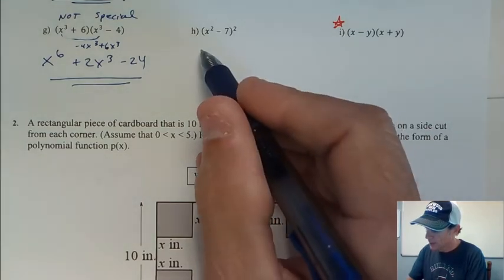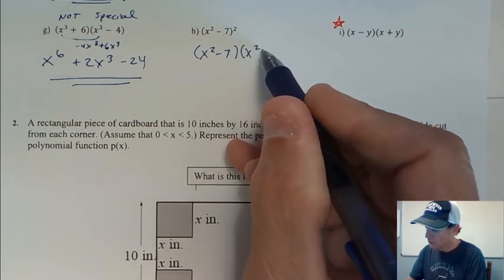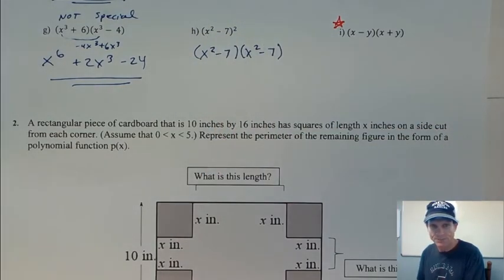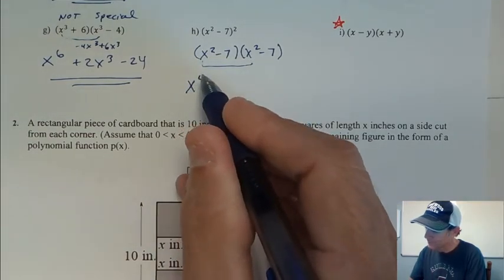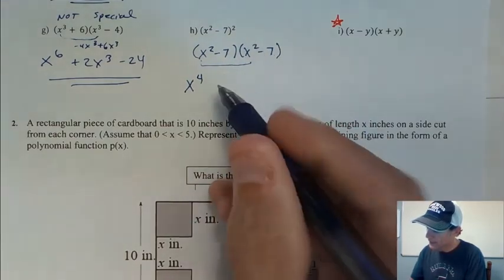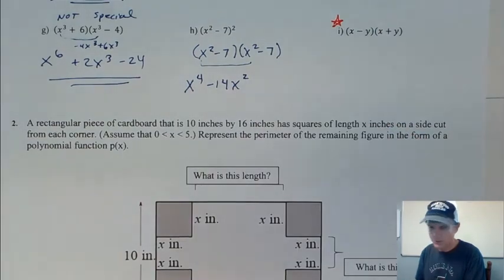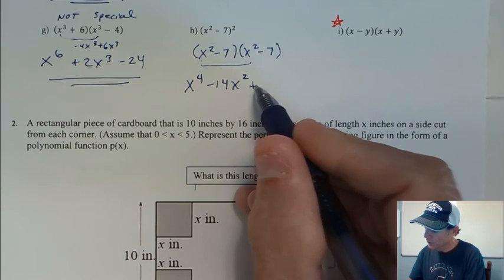Here again, I'd like to tell students, just write this out, it times itself. And then we got x to the fourth. Outside is negative 7x. Inside is negative 7x. Oh, x squared, okay. And negative 7 times negative 7 is 49.